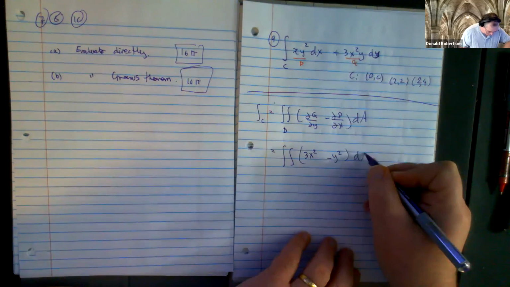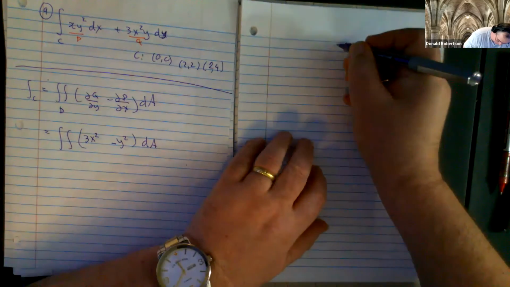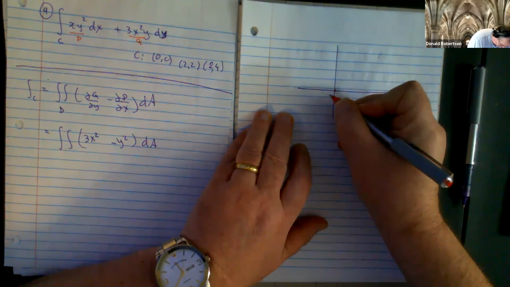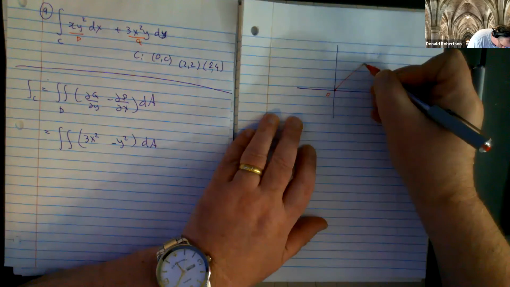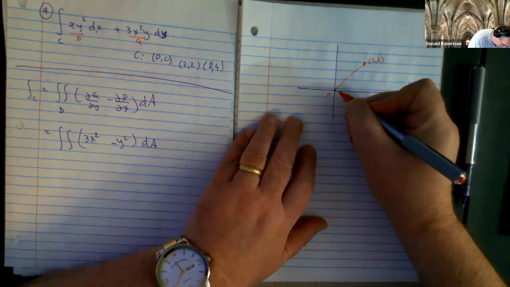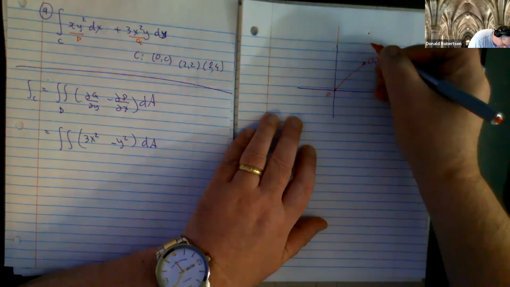Okay, this fella here is a triangle. You're going 0, 0, 2, 2, and then 2 along, 4 up. 2, 4.